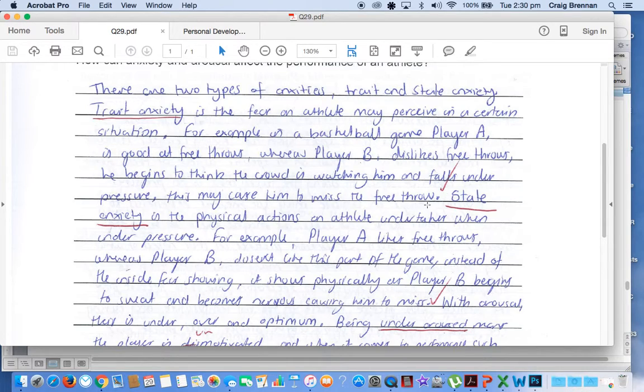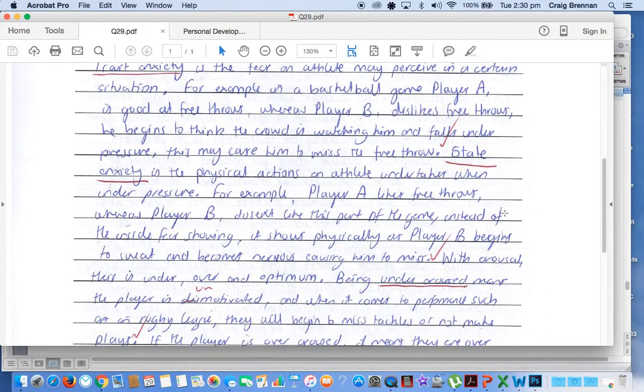This may cause him to miss the free throws. So that's how it's going to impact on his performance. His trait anxiety. Shaquille O'Neal was an example that boys used throughout their answer a fair bit, which is great from class. Again, he didn't like the basketball free throws, so his trait anxiety would be that he would perceive that situation as threatening and he wouldn't like to do it.